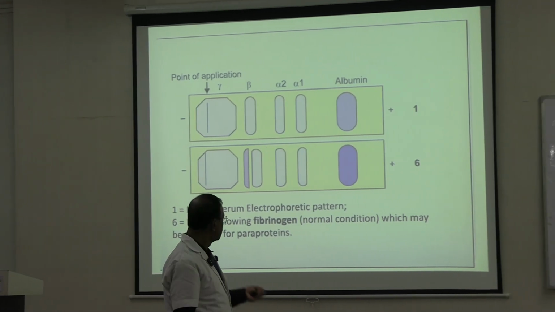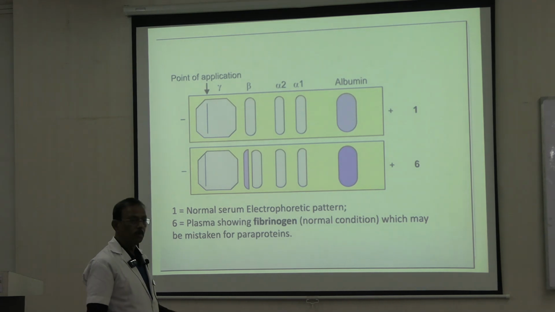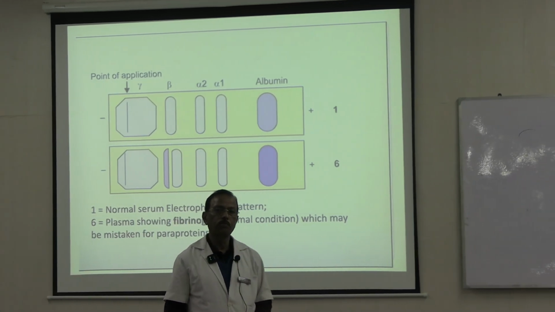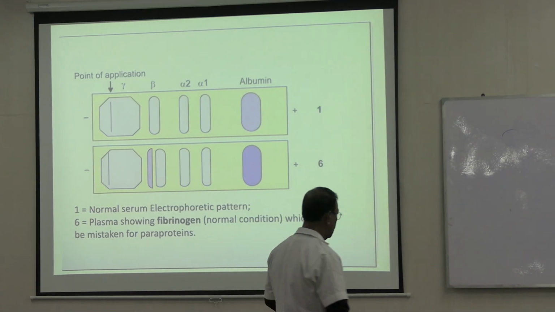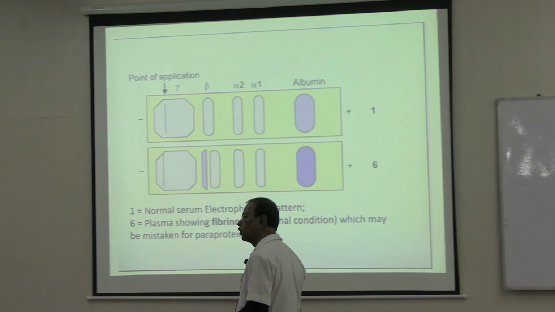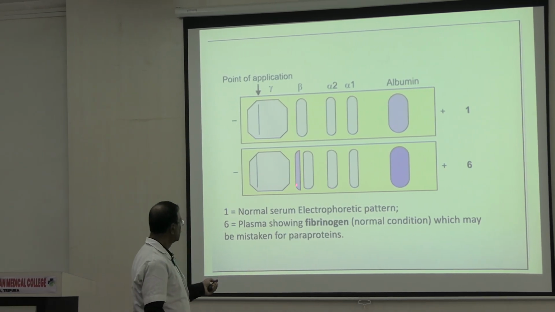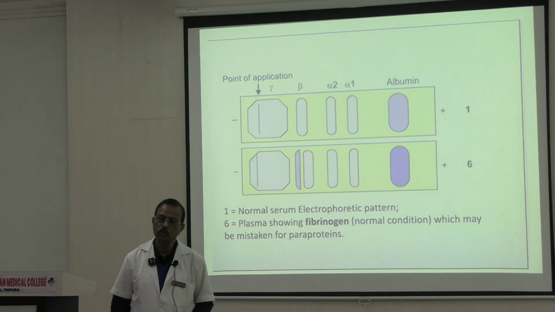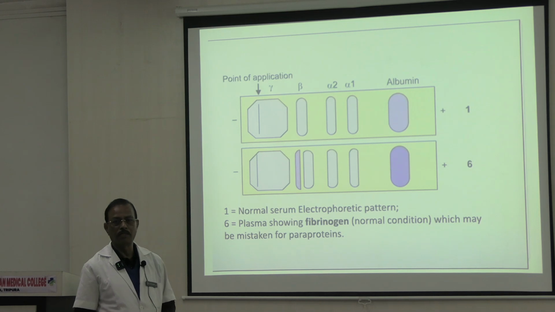Now, the significance of fibrinogen is that in a case of paraproteinemia, like multiple myeloma, we get a special type of protein, Bence-Jones protein. You might have heard of it in your practical class. That gives a band in the same place. So there may be confusion whether it is fibrinogen or M-band.